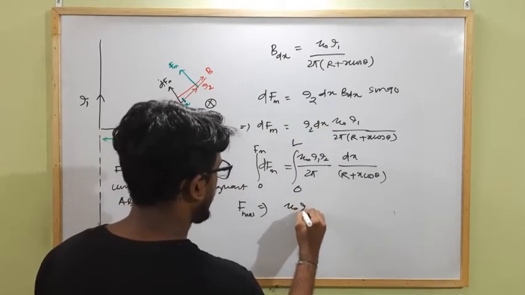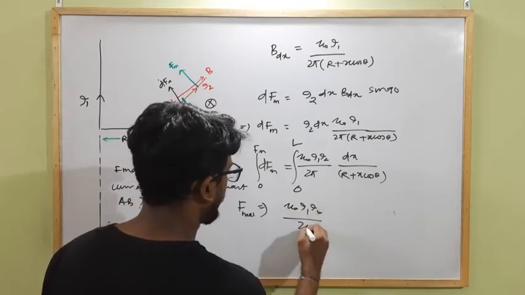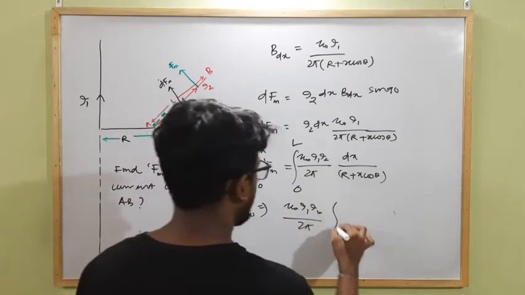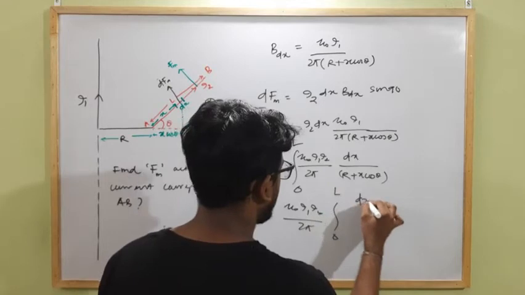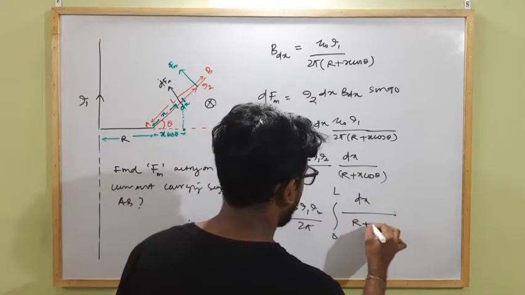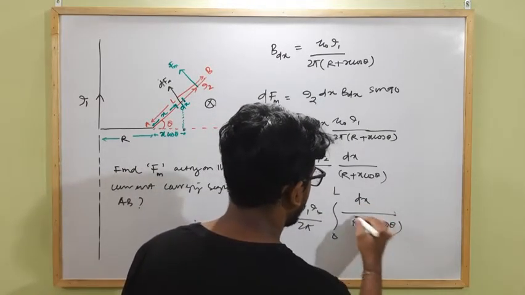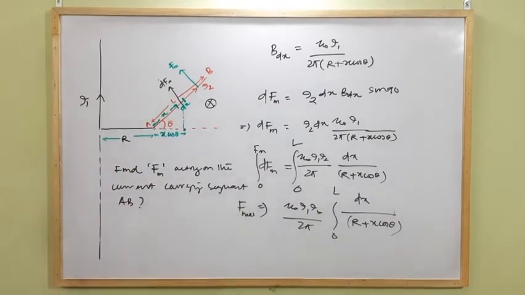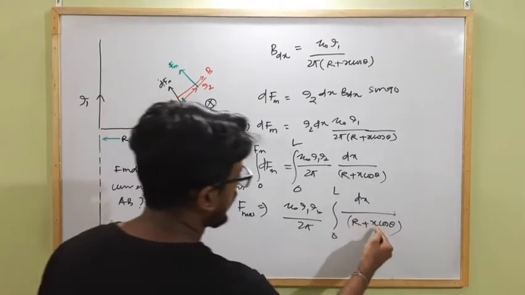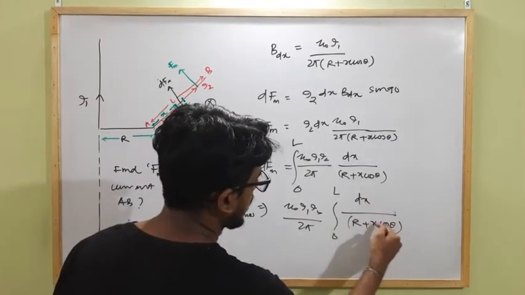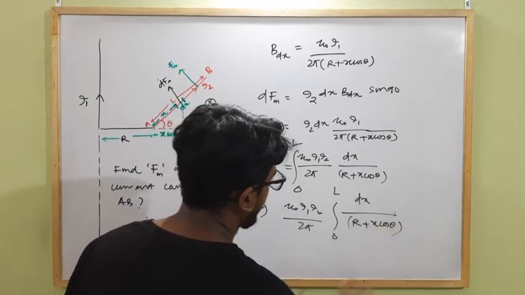So F net will be mu naught I1 I2 by 2 pi, which comes out of the integration from 0 to L of dx divided by r plus x cos theta. So what is the integration of 1 over r plus x cos theta? Here we integrate with respect to x, and cos theta is the coefficient of x.